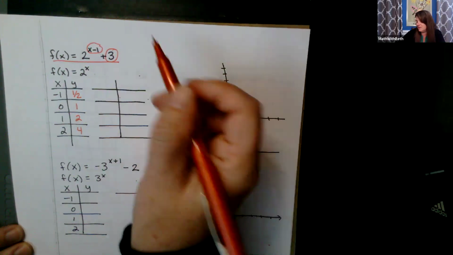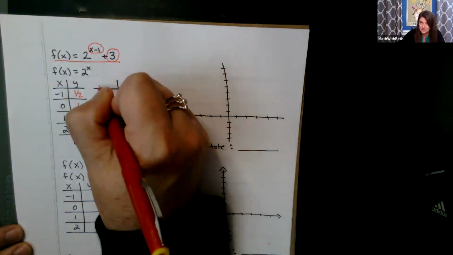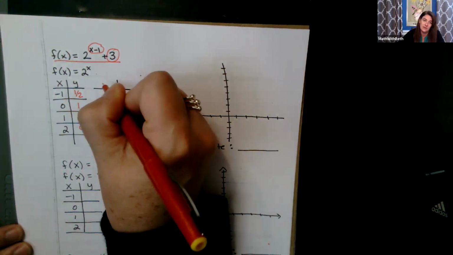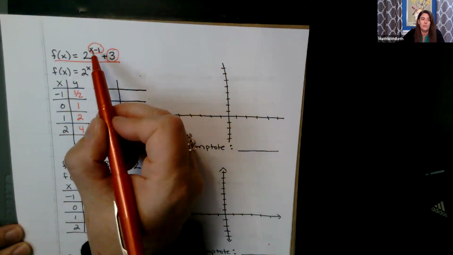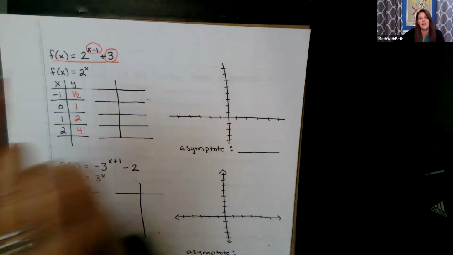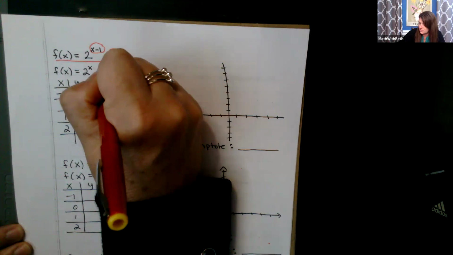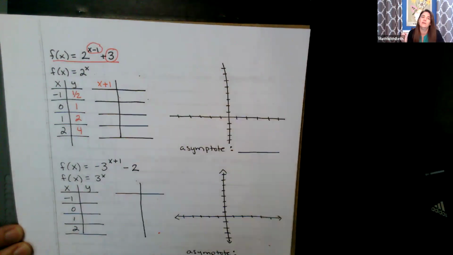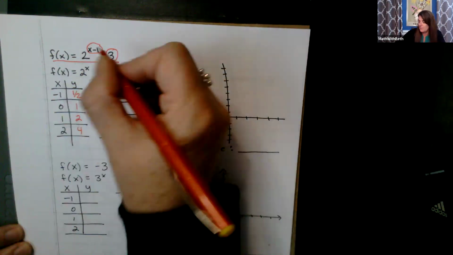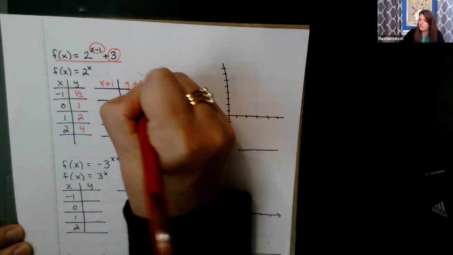So the way you do that is you basically do what it says, but you remember that for the x's, it's always the opposite. So keep in mind that when you had -1 inside a function before, that always meant it actually went to the right. So same idea, because it goes to the right, what it ends up doing is adding 1 to all of the x's. But this +3 out here just moves us up 3.